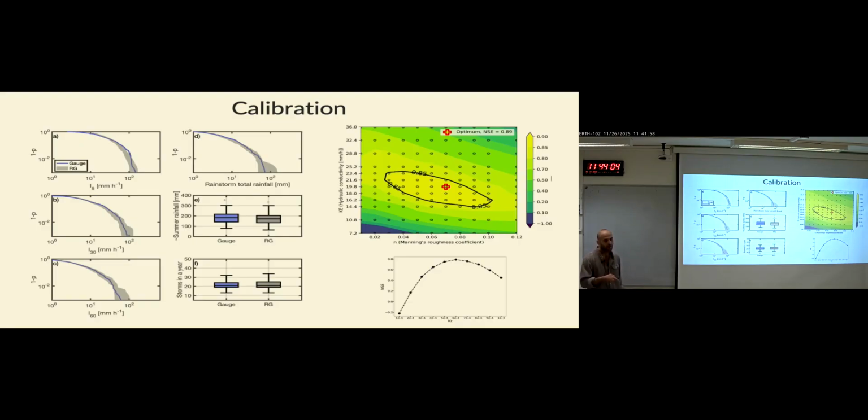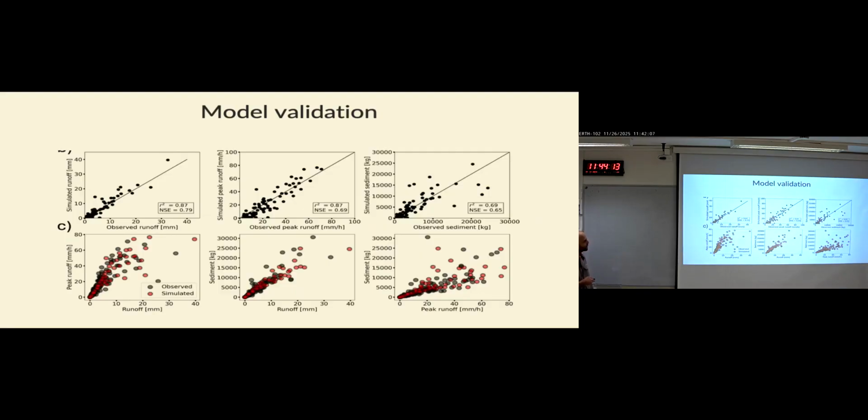As I insist on that, I can actually calibrate the model, for example, to specific rainfall patterns, but also calibrate sediment yield and runoff. I went to one of the most observed catchments all over the world, actually, that has 90 years of sediment data.